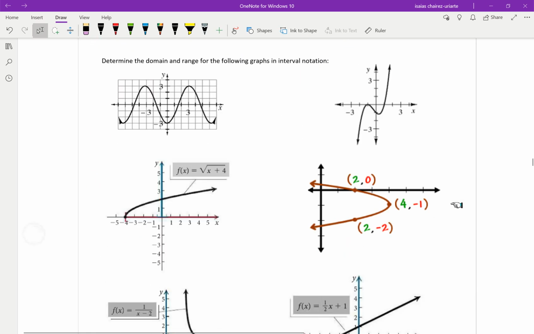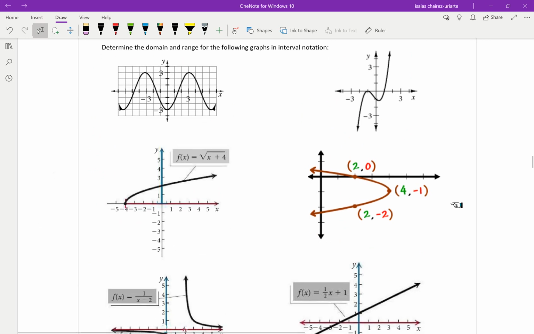Okay, let's get into some exercises here. You're given some functions, or actually these are just relations. They might not be functions. Remember, in order to determine if a graph is a function, you gotta think of the vertical line test. Some of these graphs do not pass the vertical line test, so they're not functions, but they still have domain and range.